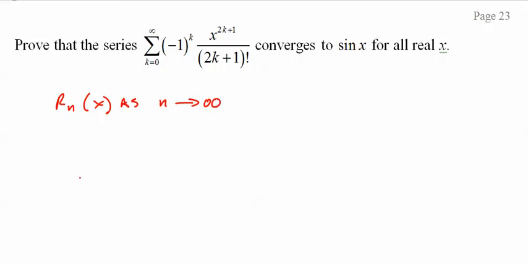So the formula is R_n of x equals the next derivative, one order higher, of some random c. I don't know anything about this c.